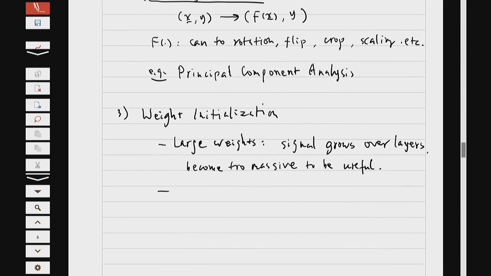And what about the opposite? Then I'll keep my weights small, right? What's the problem then? What happens when you have small weights?